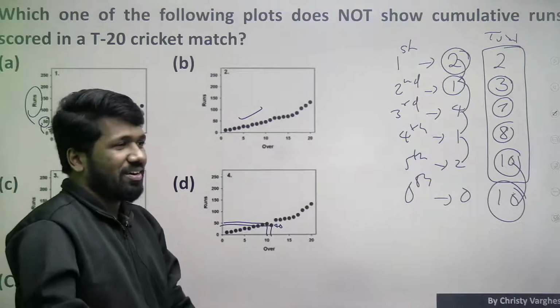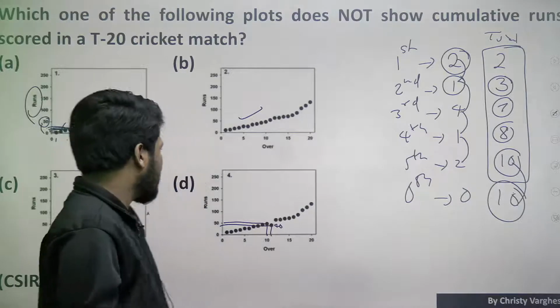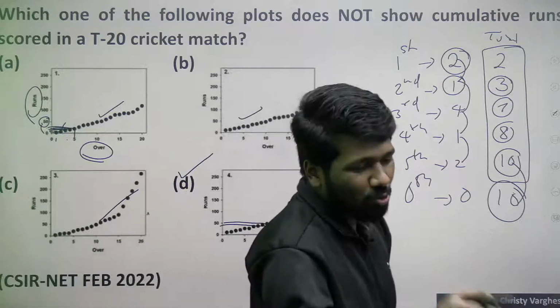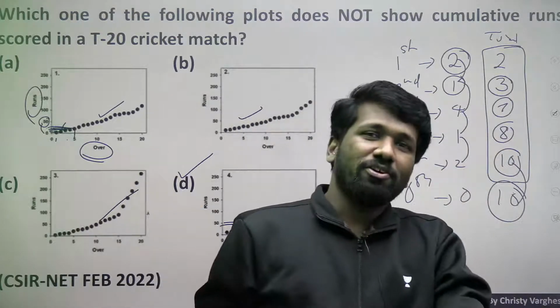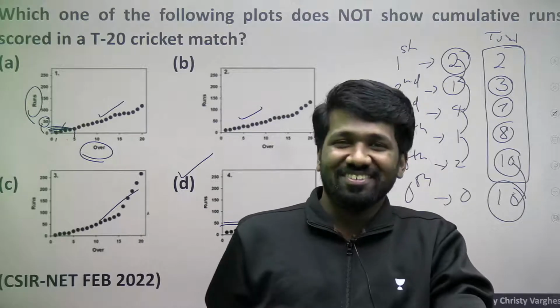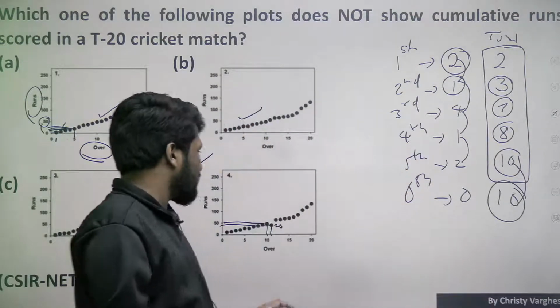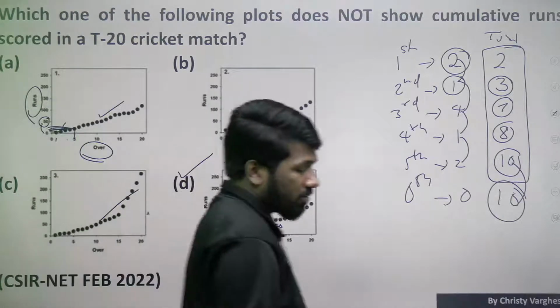As per the valid rules of cricket, it can never decrease. In gully cricket we make strange rules, like if you break the glass of your neighbor, 10 runs will be reduced from the score. But in international cricket or a proper cricket match, runs of a team cannot decrease.